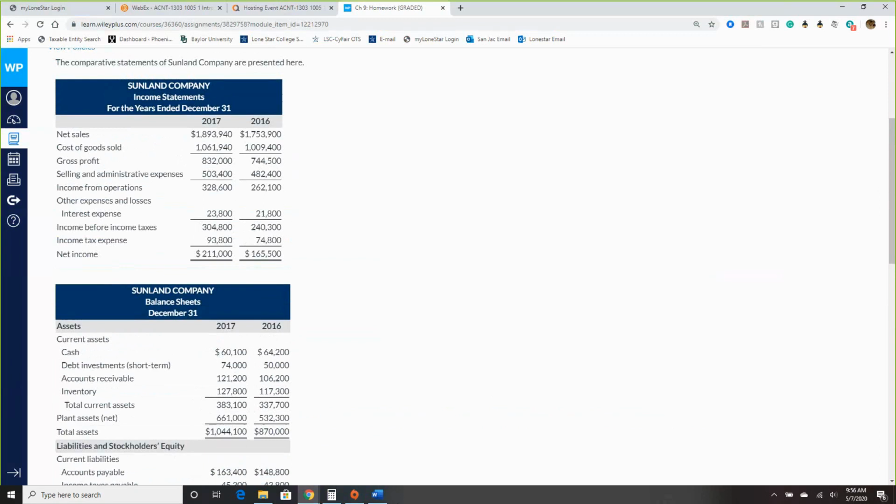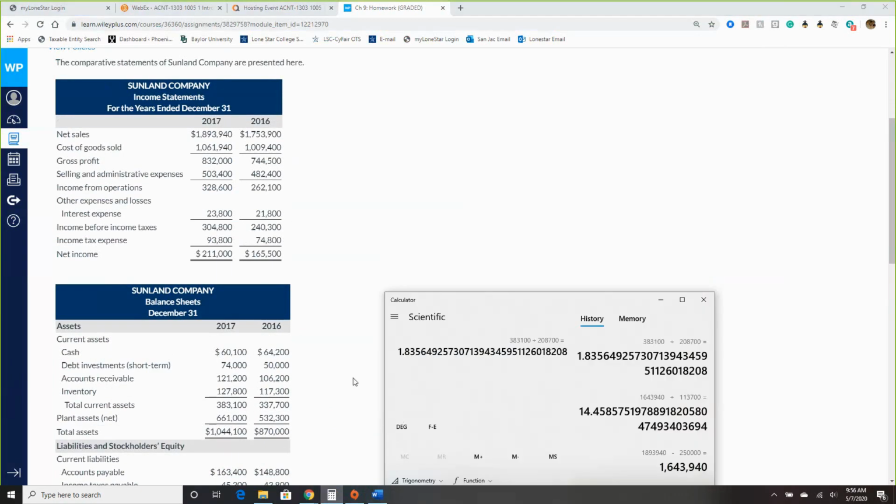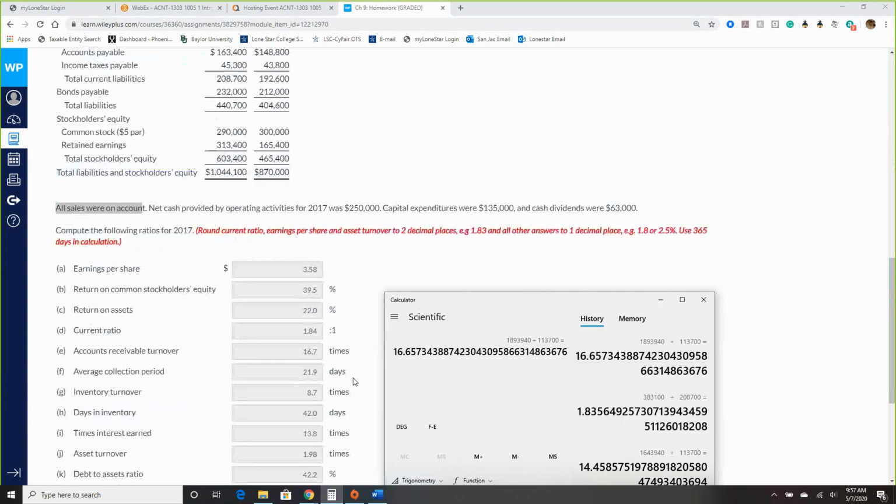So that would have been 1,893,940 divided by 113,700. That's why we have the 16.7.